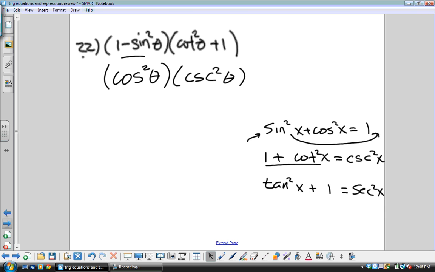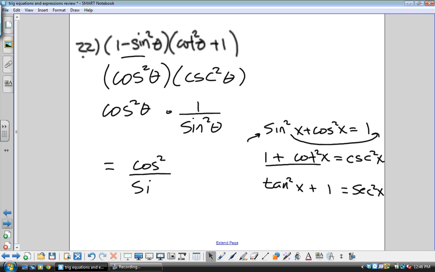And now I'm just changing to multiplying, so now I'm going to change everything to sine and cosine. So we can change cosecant squared to 1 over sine squared. So that'll give me cosine squared over sine squared. And cosine squared over sine squared would be cotangent squared.